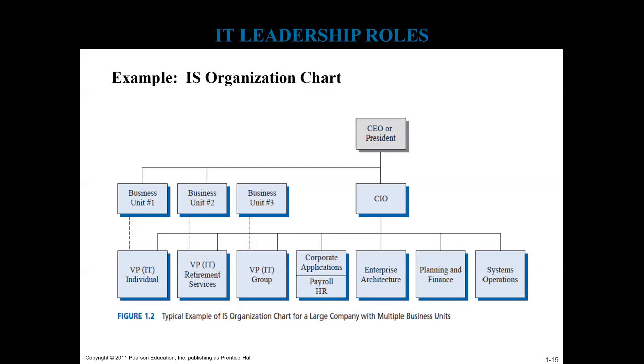And then the CIO has a technology group that spans systems, network, architecture, operations. IT finance is a very specific area of finance that's a focus area to manage IT costs, which can go awry if not controlled properly. So many times there's a separate planning and finance function.